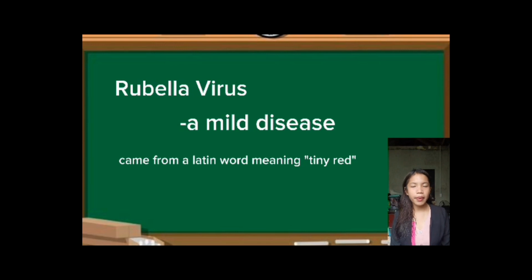Rubella virus is a mild disease in most people. The danger is when pregnant women get in contact with a person with rubella during the first trimester. They are at risk of having a rubella baby. The word rubella came from the Latin word meaning tiny red.